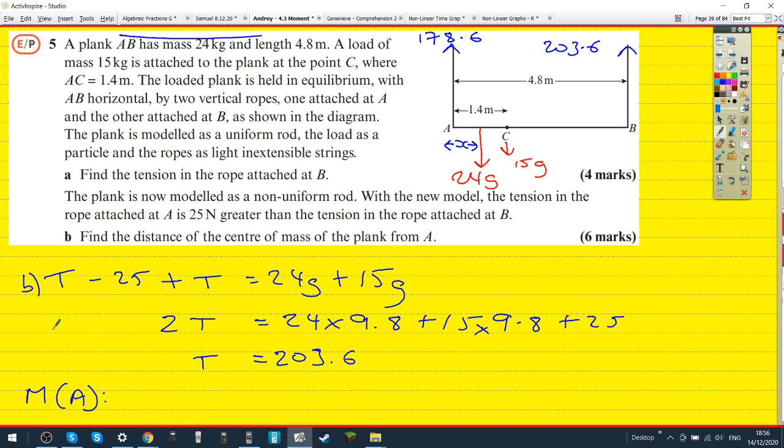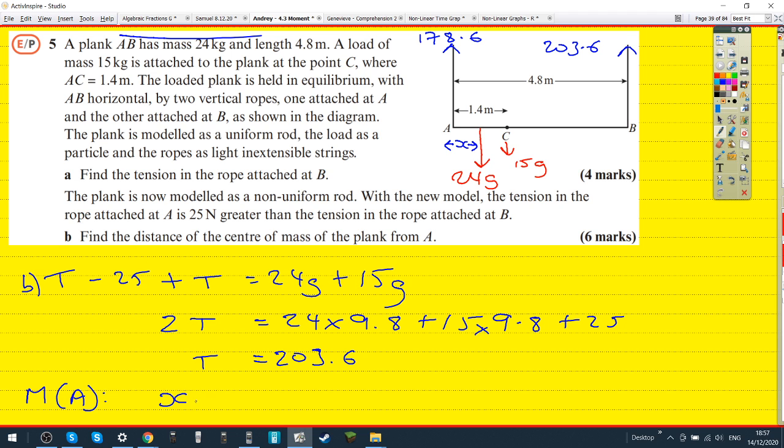Yeah. So am I doing 178.6 times x? What is the horizontal distance from A to the 178.6 force? So that force disappears if you're taking moments about A. And so am I now going to do x times 24?